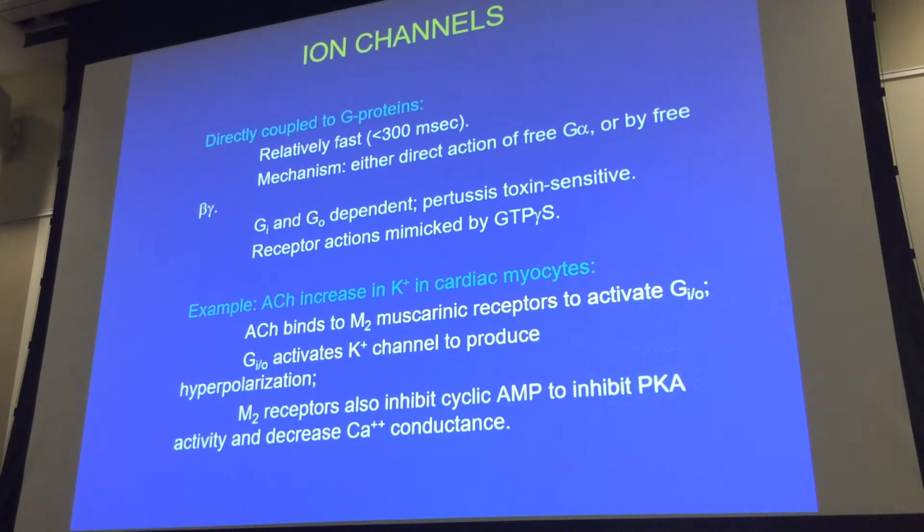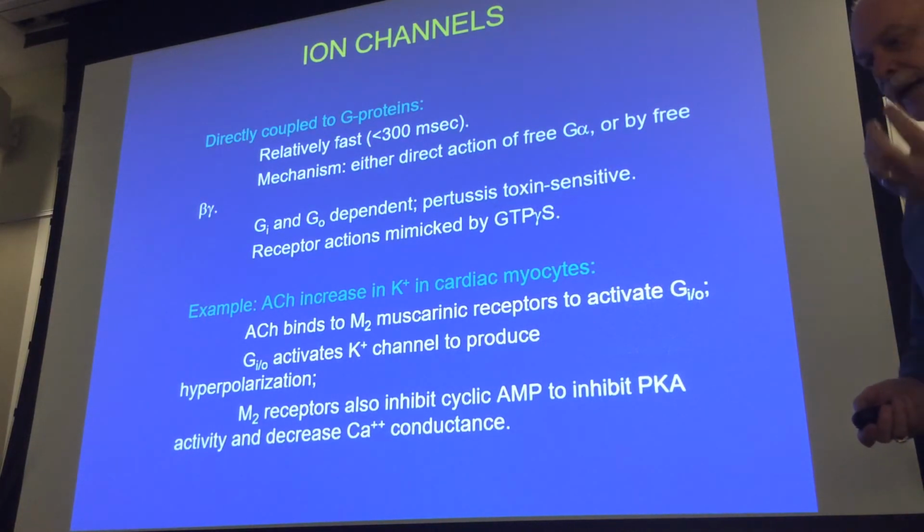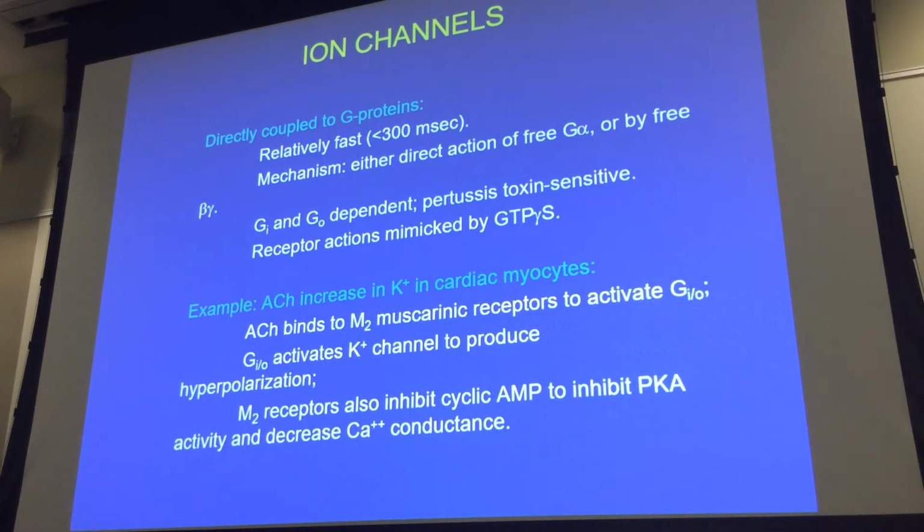So let's go back to the heart cell, okay, and see how this works. So remember that in the sympathetic autonomic system, the sympathetic neurotransmitter is epinephrine. It contracts the muscle, increases the heart rate. The parasympathetic system is acetylcholine, which reduces heart rate.